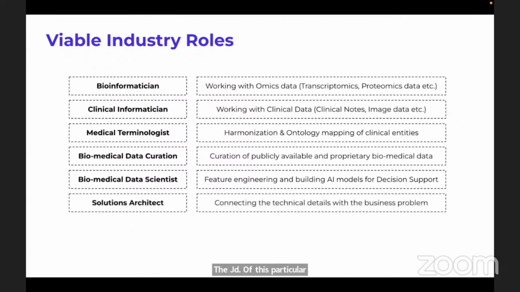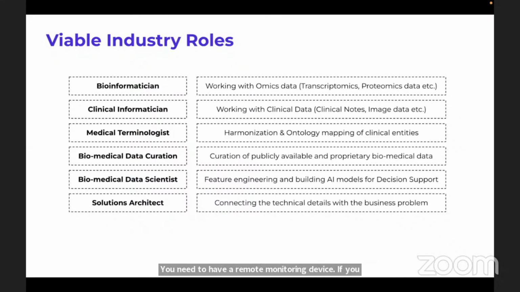And lastly, something called solutions architect, who connects all the technical details of a business problem in the healthcare domain. Suppose a company wants to build a fall detection algorithm. The architect will tell the company that you need these things in this place: a remote monitoring device, connected to a database that will live stream the data.